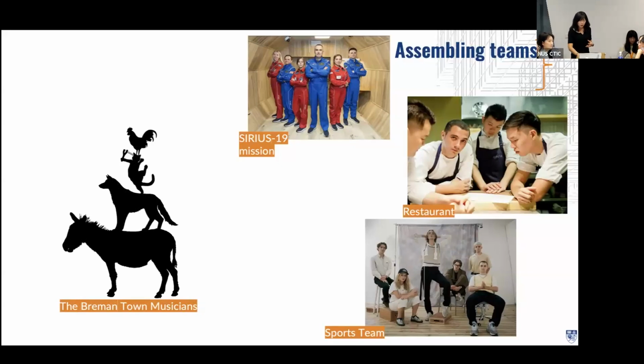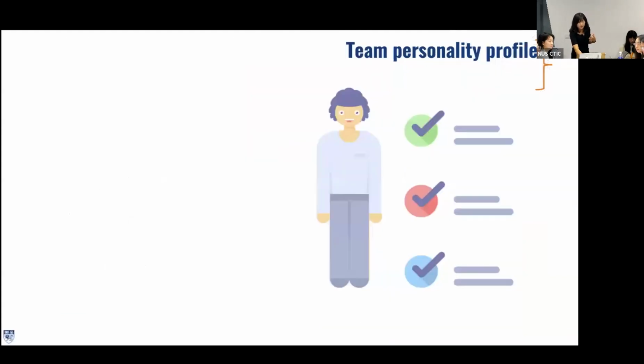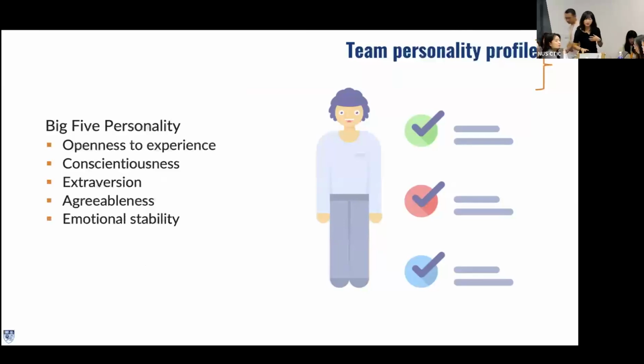So what we're trying to do with this project was we want to see combining our understanding of how team works with algorithm, can we put together and predict team performance better? So we started with what are some of the underlying universal characteristics that we can use to capture human beings. And one thing that has been studied for a long time in social psychology is the Big 5 personality.